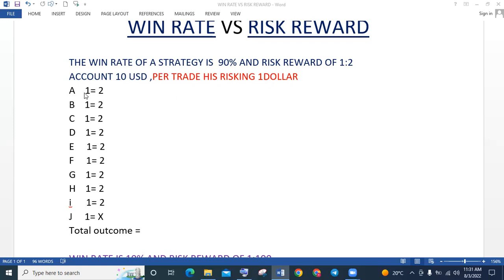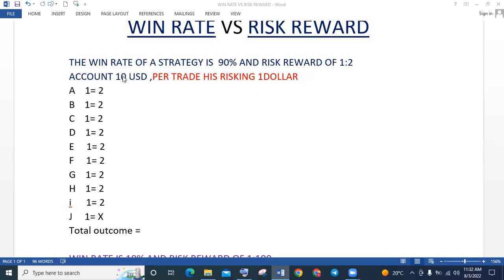I have labeled these dollars with letters so that we are able to count them from 1 to 10. So we're giving an example. He's going to take the next 10 trades. Since every time he risks $1, he's going to get $2, his risk reward is he risks 1, he gets 2.